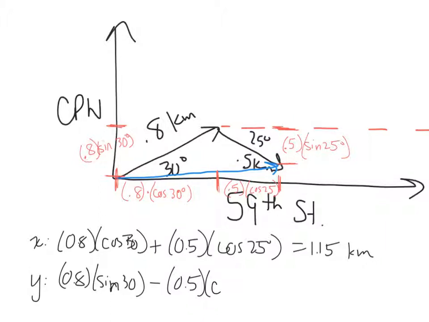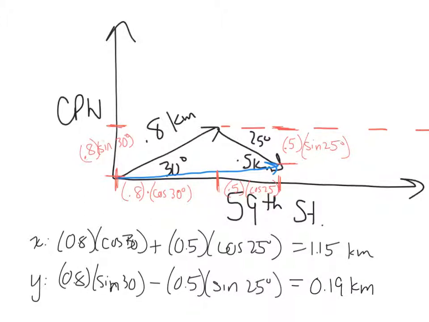So that's again times the, not cosine, the sine of 25 degrees. The same angle as the previous one, as we're seeing right here, same angle but sine this time, and the negative again because it comes back down. That'll give us a very small value. What is that? Yeah, 0.19 kilometers.